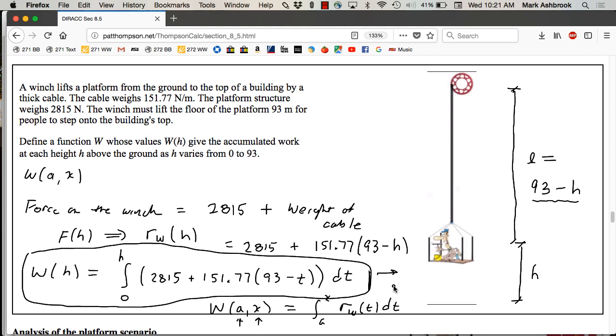Questions on this example? Yes, ma'am. But remember, what are the units here? So what's the units of mass? Remember? Kilograms. And then we have acceleration of gravity, which is meters per second squared. And that gives us what? Newtons, which is weight. So everything we were given was given as what?